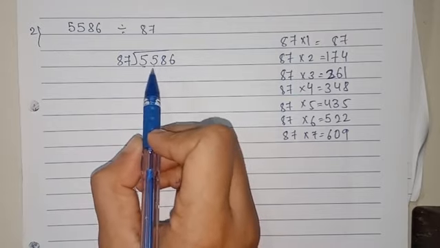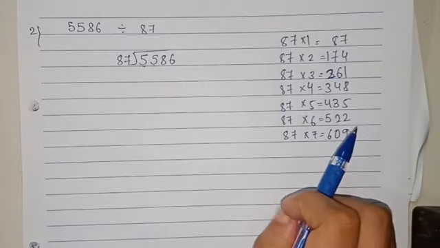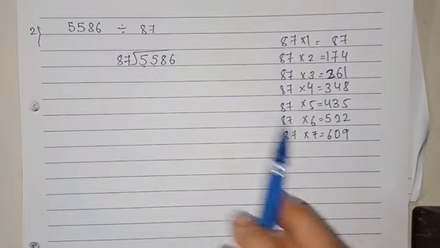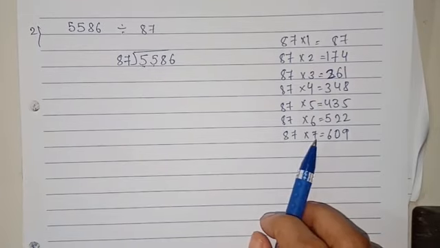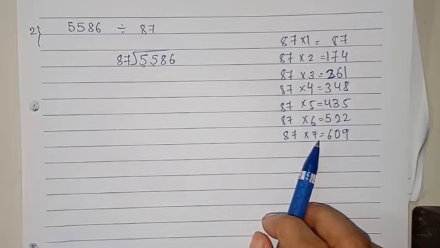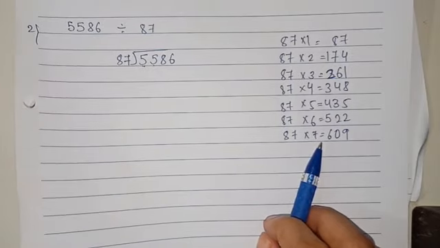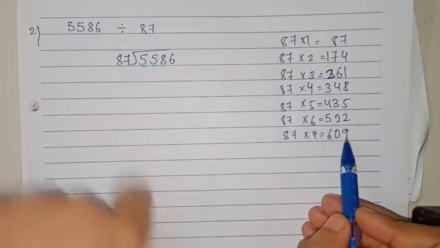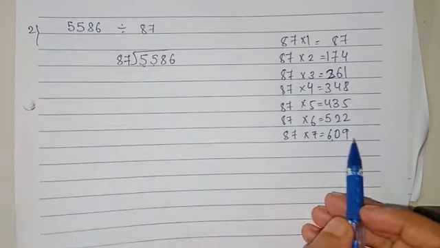Again this is smaller than 87, so we will take the first three numbers, that is 558. Okay, now search 558 in this table. Remember, we cannot take bigger than 558. We have to take the nearest number to 558 and smaller than 558, right? So here 609 is bigger than 558, right?